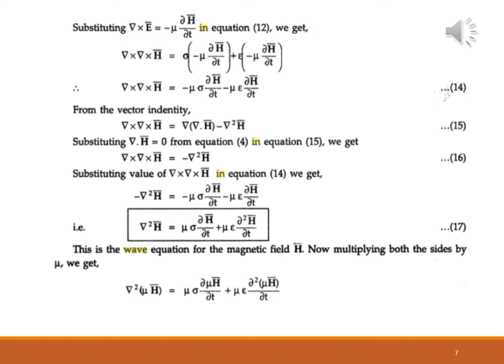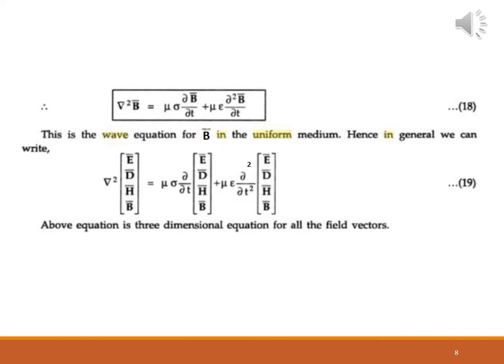Then in place of mu H, you just replace it with B. When you substitute mu H as B, the equation 18 that you get is referred to as the electromagnetic wave equation in terms of B.